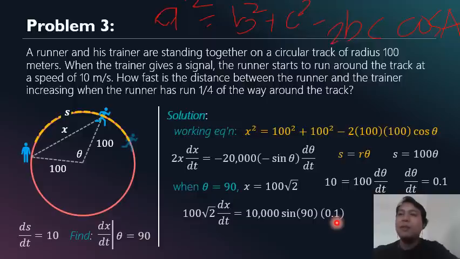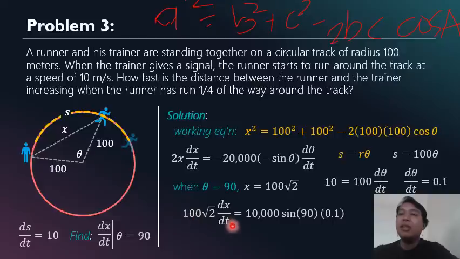This is easy to evaluate. Sine of 90, of course, is 1. Then 10,000 times 0.1 is 1,000. So if 1,000 remains, divide it by 100. 1,000 divided by 100, of course, is 10.